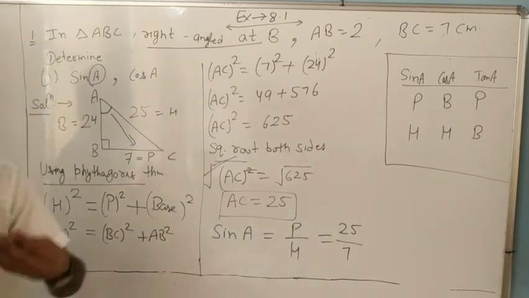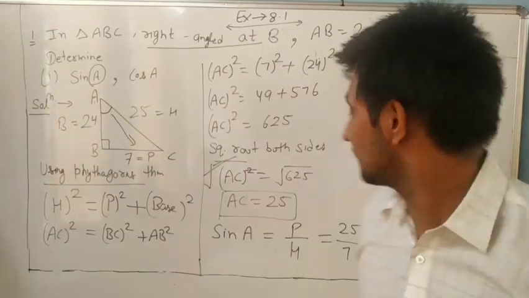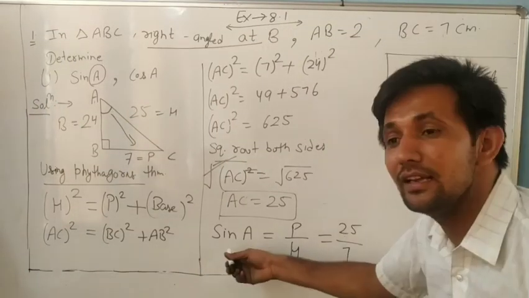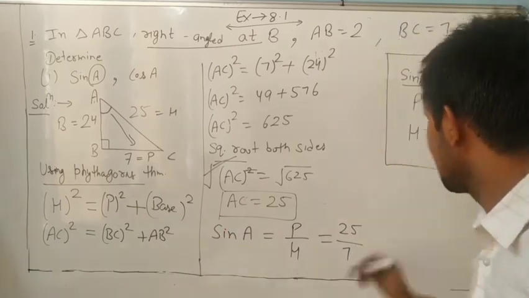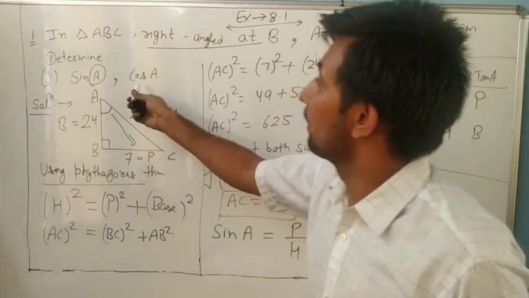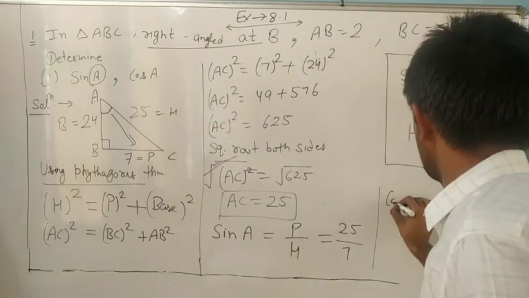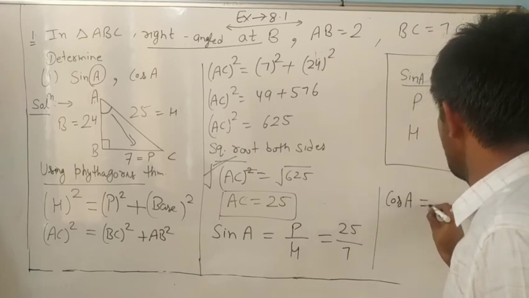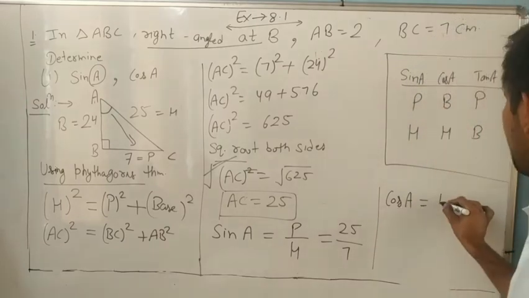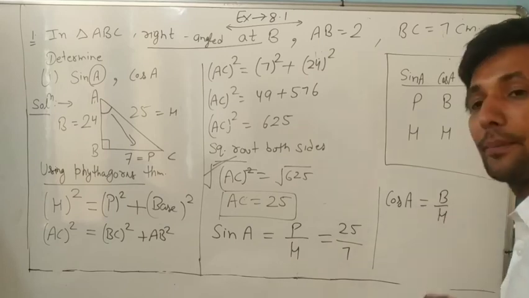Yes, this is the first definition, ratios of sides with angle. Same as this, we will find cos A. Cos means base by hypotenuse.